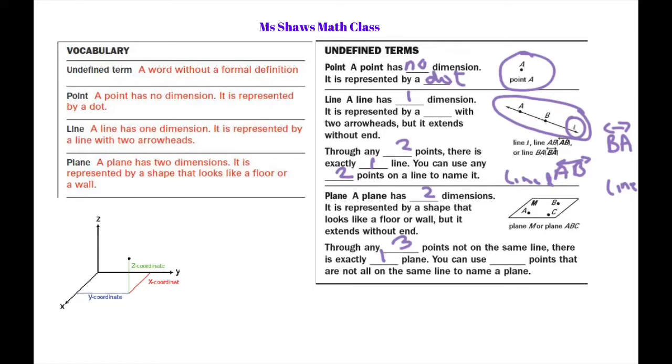You can use any of the 3 points that are not on the same line to name the plane. So we can name this plane M, or you can say plane ABC.